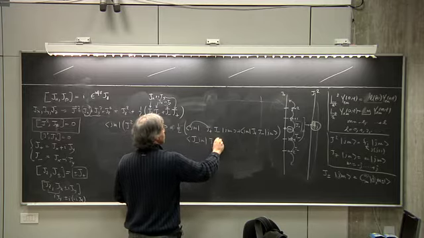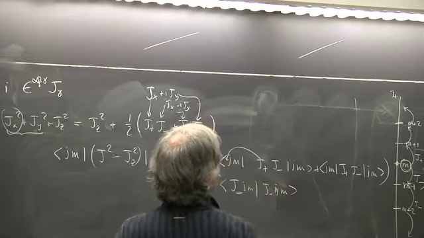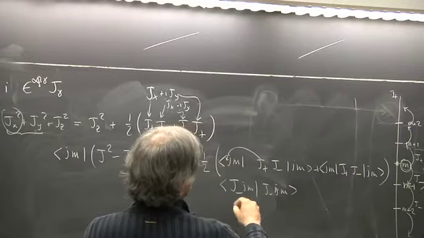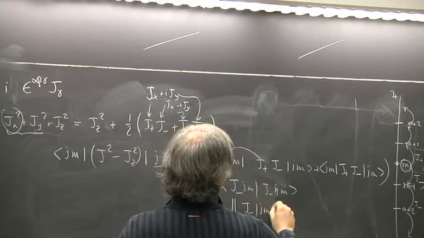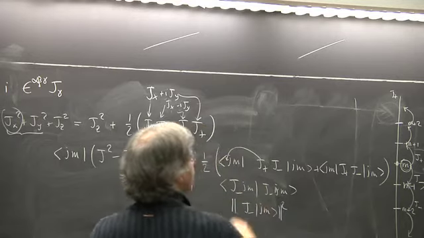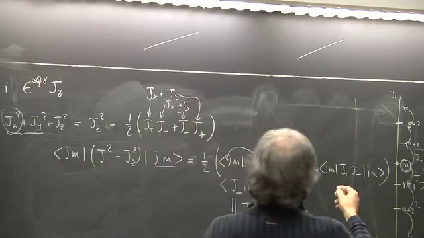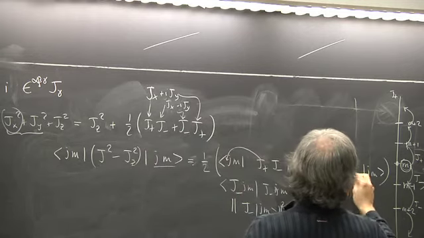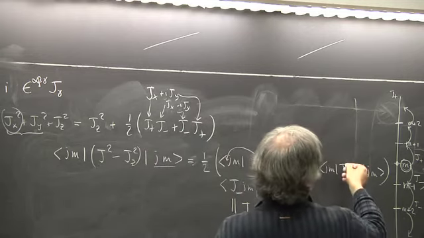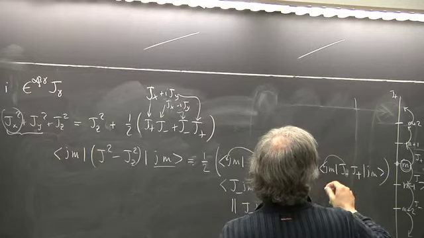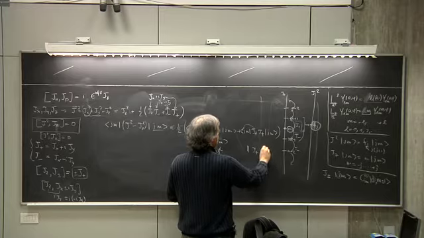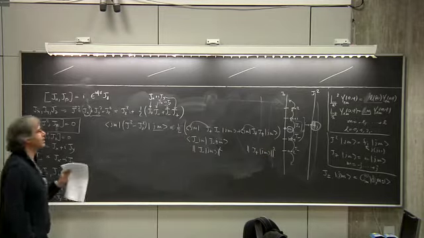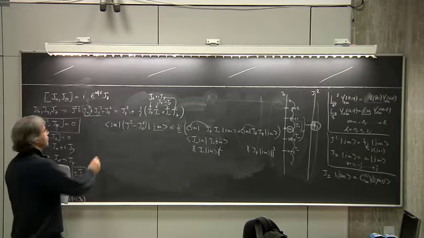So in some sense, this is the norm square of the state j minus jm. And similarly here, this is j minus j plus. When this goes to the left, it becomes a j plus, and so again, this is the j plus jm norm square. Okay? So you see that this must be non-negative.